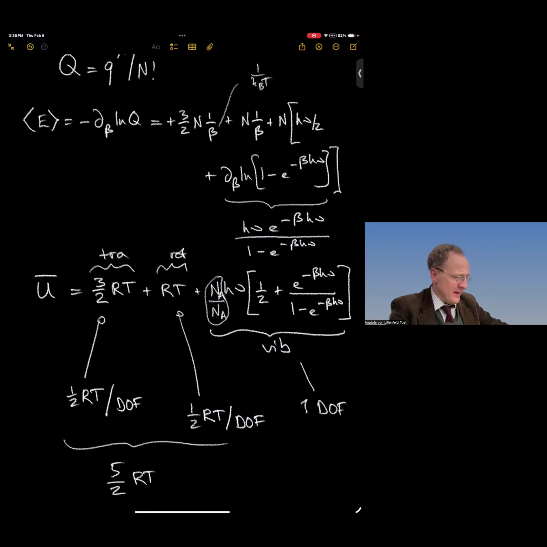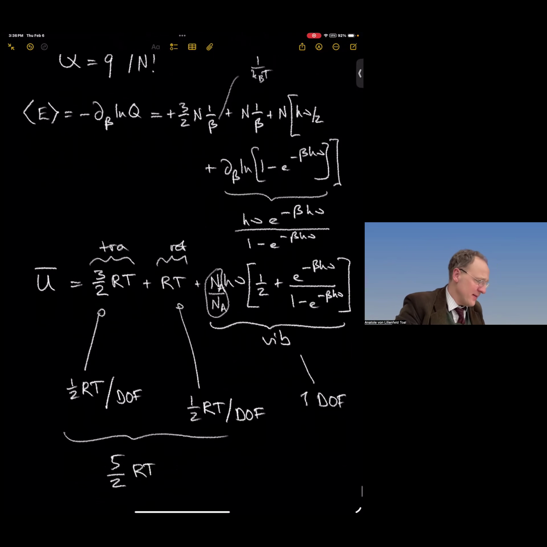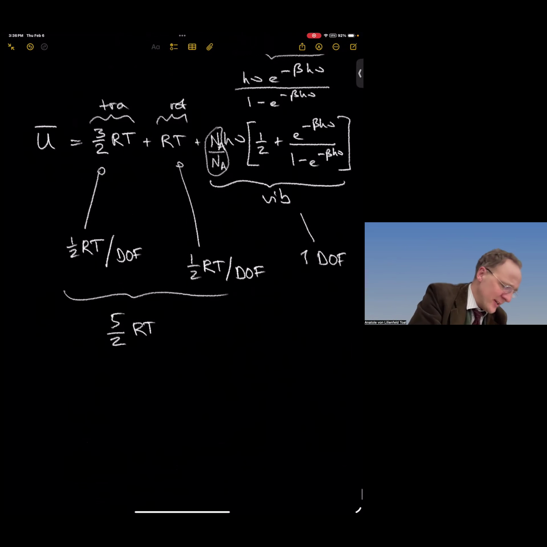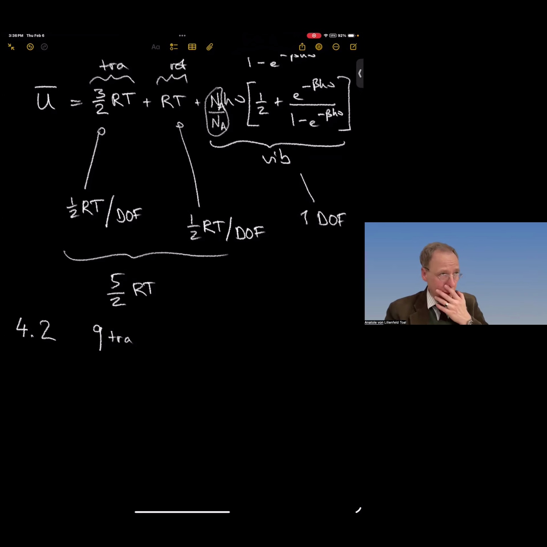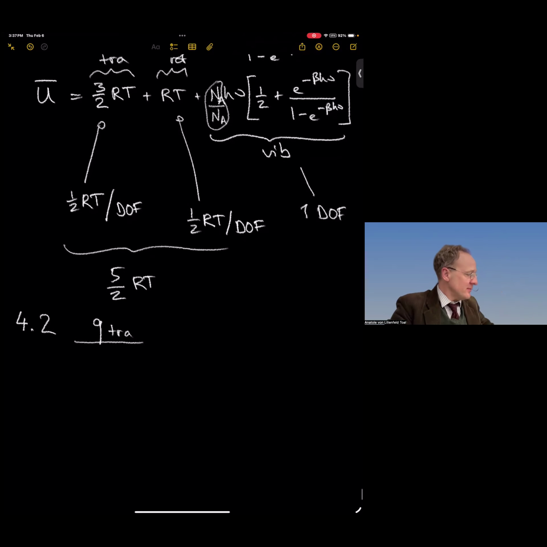Okay, so then let's now consider the individual partition functions. And we start out with the translational one. You've been itching to know where it's coming from.